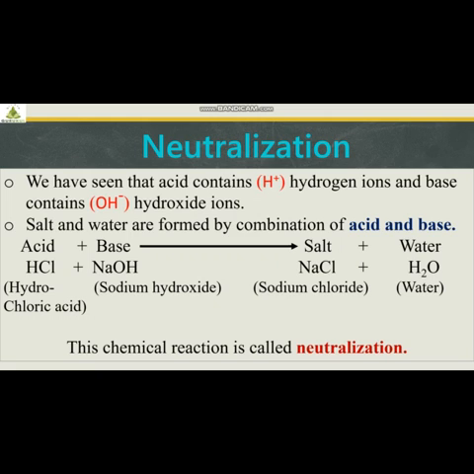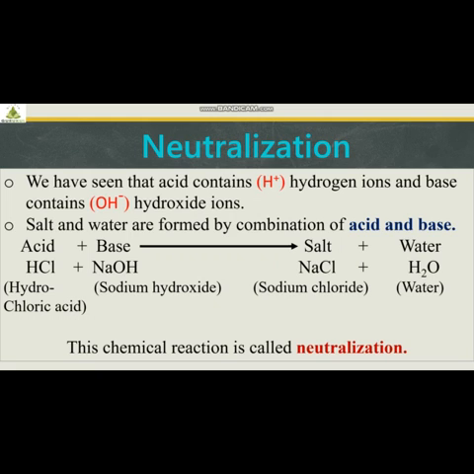Okay, students, we have seen that acid contains H plus, that is hydrogen ions, and base contains hydroxide ions. Yes, H plus and OH minus ions. We know that. Salt and water are formed by combination of acid and base.